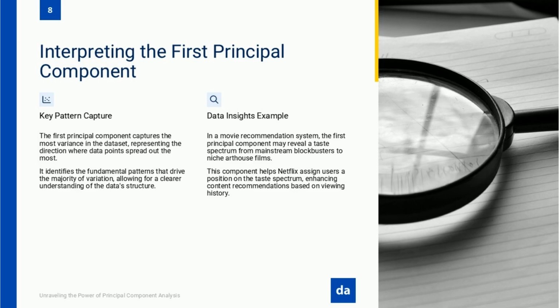This single dimension often accounts for the largest portion of variance in viewing behavior across the entire user base. Consider the practical implications. Netflix can now assign each user a position on this spectrum based on their viewing history. Rather than working with thousands of individual movie ratings, they can characterize much of a viewer's preference profile with this single number. A user with a high positive value would likely respond to mainstream blockbusters, while someone with a strongly negative value would be more receptive to independent or foreign cinema.